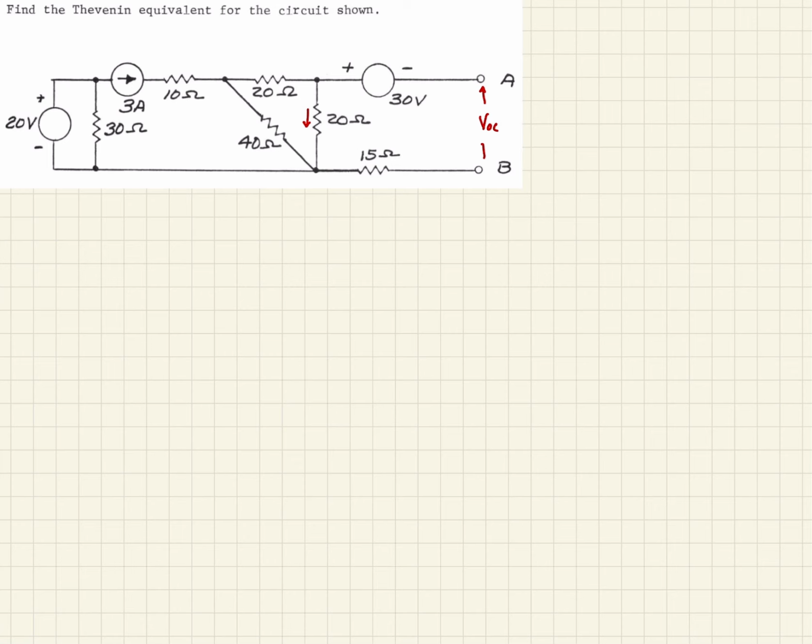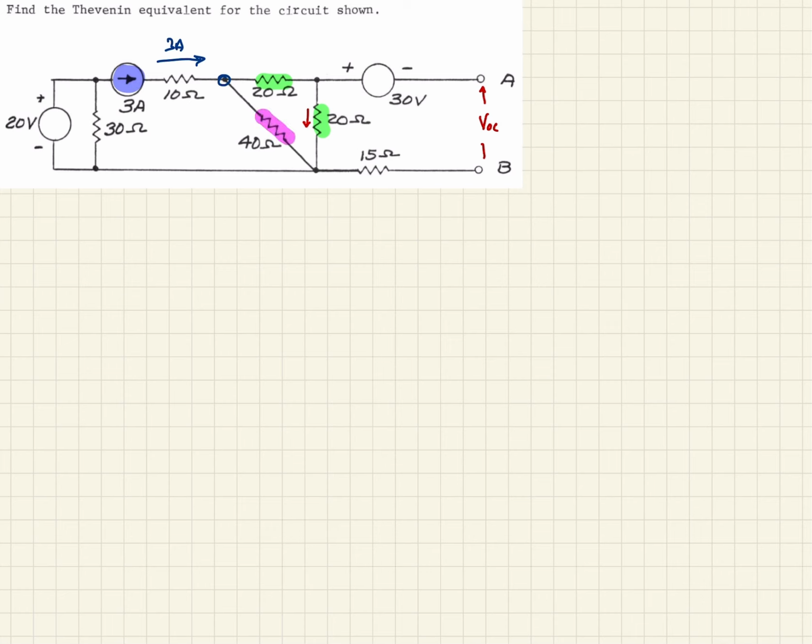So we know that up to this point we have this 3 amp supply right here. So that means that we have 3 amps flowing to this point. Now once it gets to this node, we see that we have two 20s, and that's in parallel with a 40.